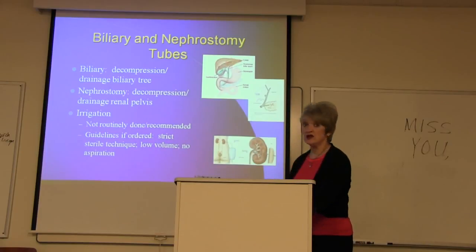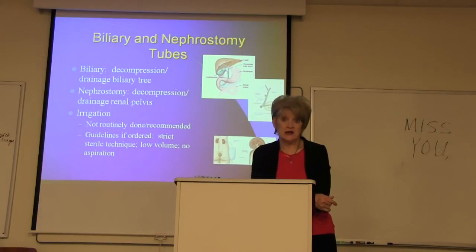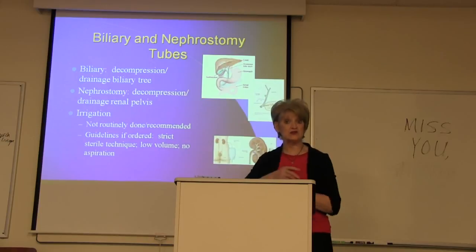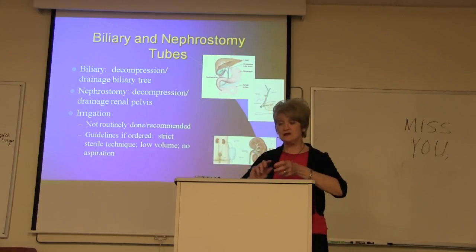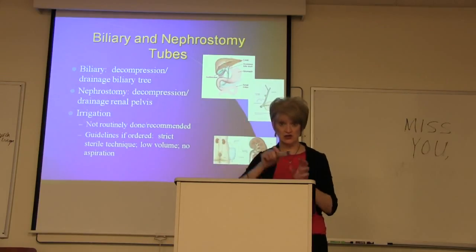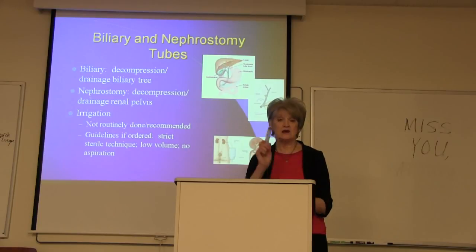What about irrigation? Tubes can always get clogged and obstructed. So should we be routinely irrigating biliary and nephrostomy tubes? Most clinicians say no, no routine irrigation, because it's risky. You break the system, you attach a syringe, you instill fluid.